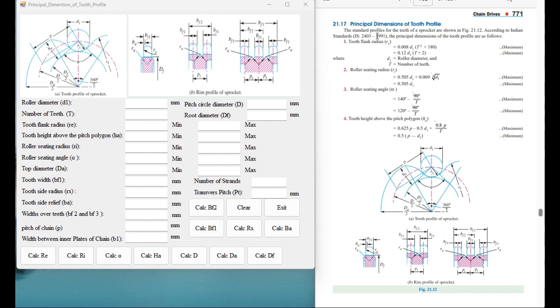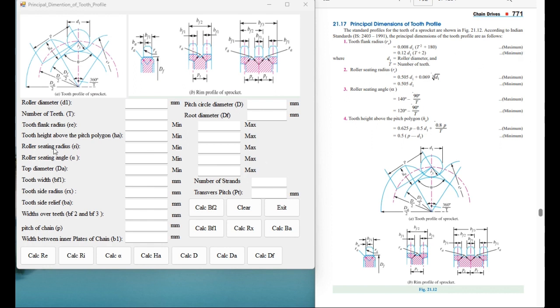The first one is tooth flank radius, or RE, which can be calculated as 0.008 d1 times t squared plus 180. This is the maximum value, and 0.12 d1 times t plus 2 is the minimum value.